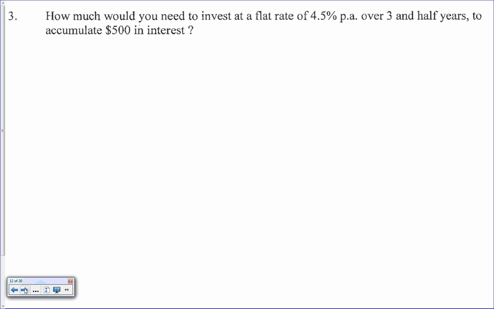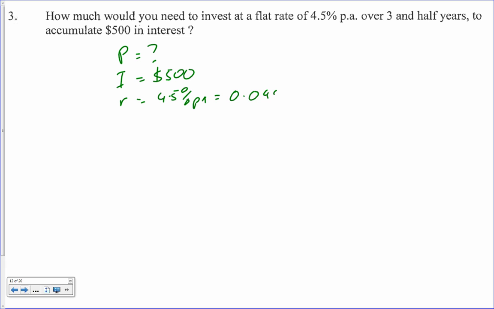Question 3. How much would you need to invest at a flat rate of 4.5% per annum over 3.5 years to accumulate $500 interest? So this one, principal equals question mark. I equals $500. Rate equals 4.5% per annum, so equals 0.045.